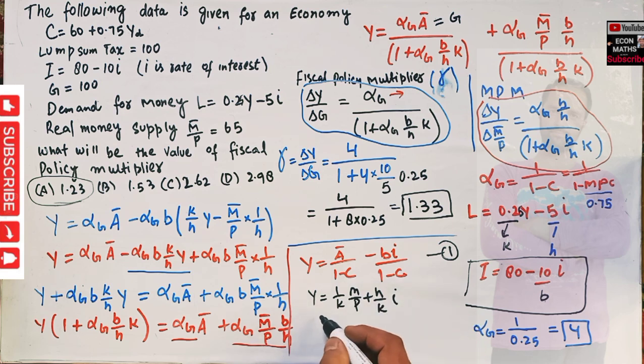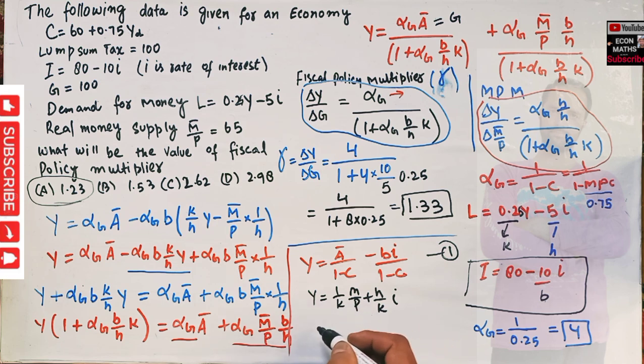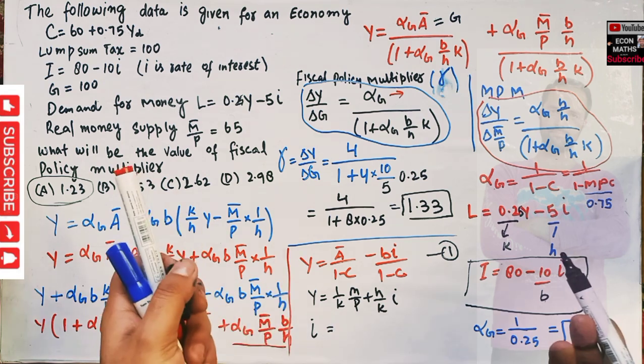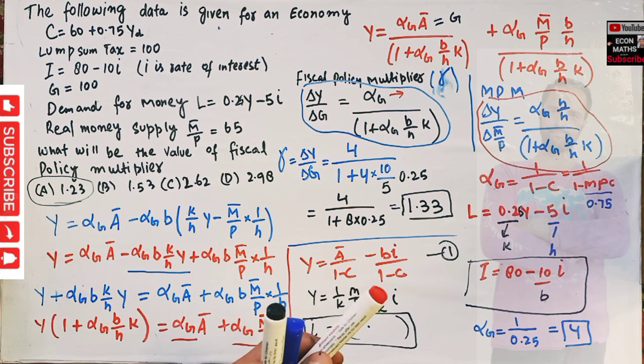If you solve this for i, you will get something like what I have shown here. When you solve this for i, you then plug this i into the IS equation. Then you solve for y, and you will get this fiscal policy multiplier, and this is our monetary policy multiplier.